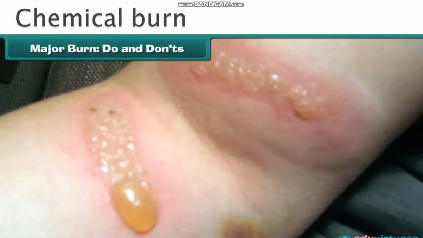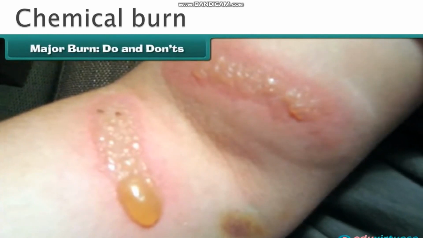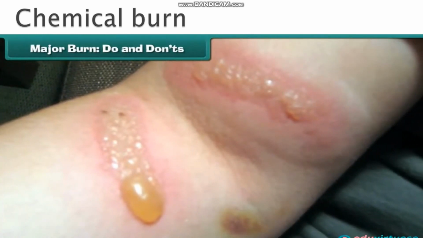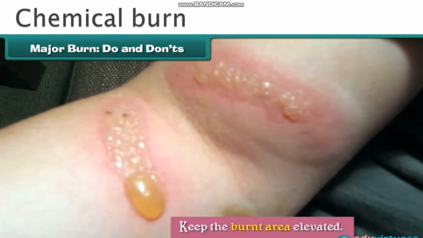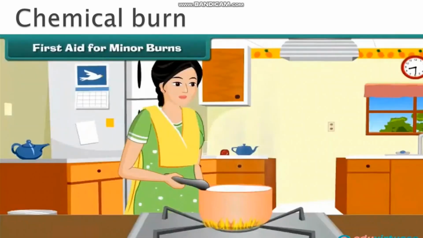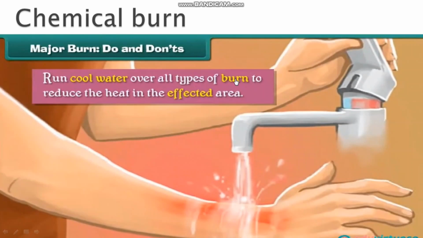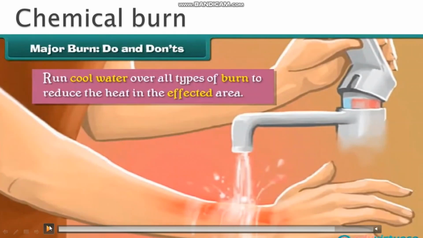These are the steps we need to follow if there is a first degree burn. We need to keep the hand elevated, and we must keep the burnt area in proper posture. We need to run cool water over it, and we also need to run the cold water on the hand for all types of burns to reduce heat in the affected area.